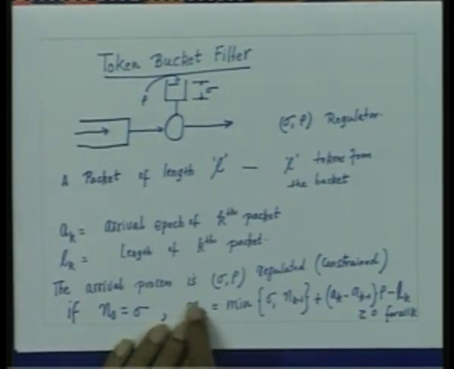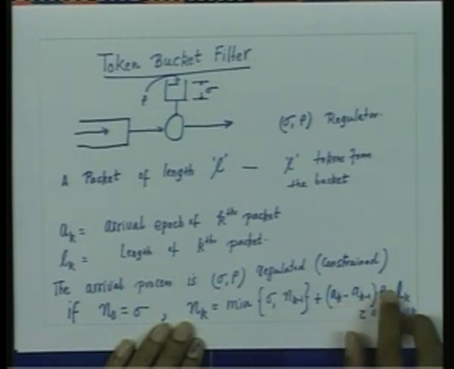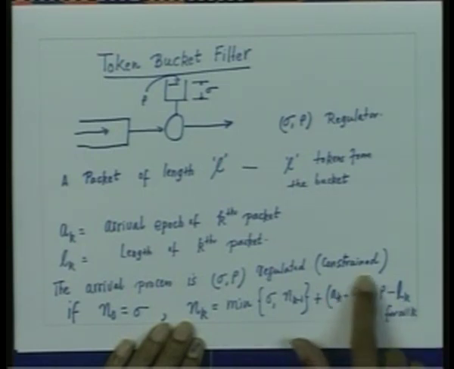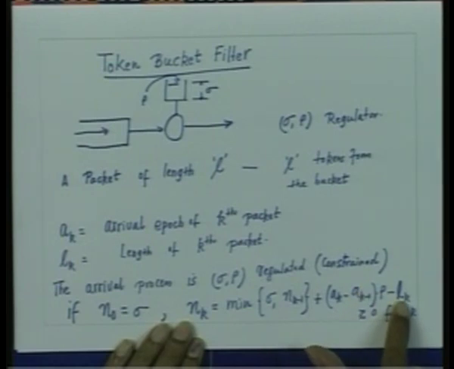Essentially, what does Nk say? Ak is the arrival epoch of the kth packet, Ak minus 1 is the arrival epoch of the k minus 1th packet, and this is the time between the two packets. Between this time so many tokens would have come. Since Lk is the length of the kth packet, so many tokens would be decremented, and the minimum of these would be the fluid that was there when the k minus 1th packet left. If you add that, it should be greater than or equal to 0.